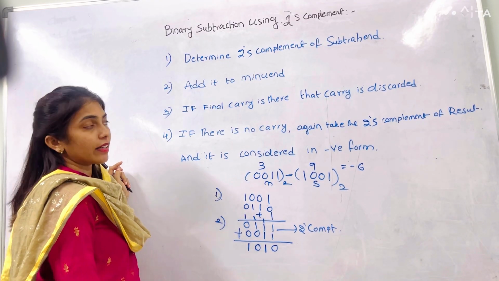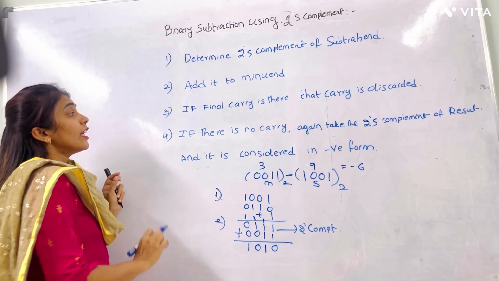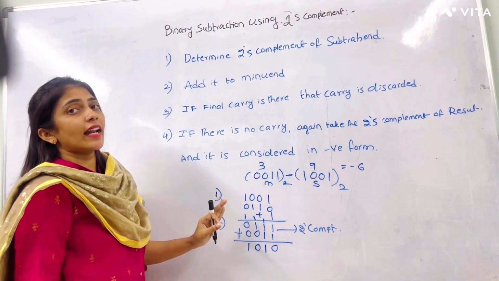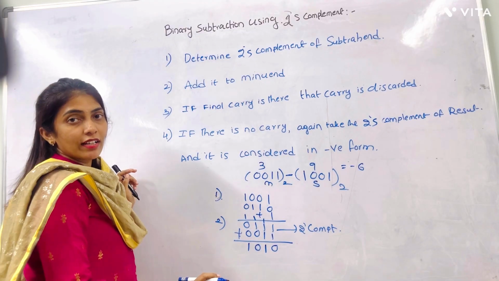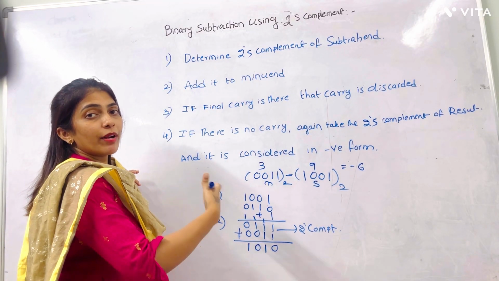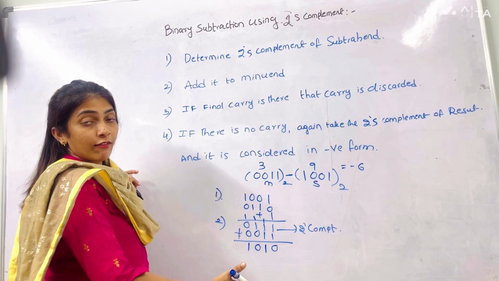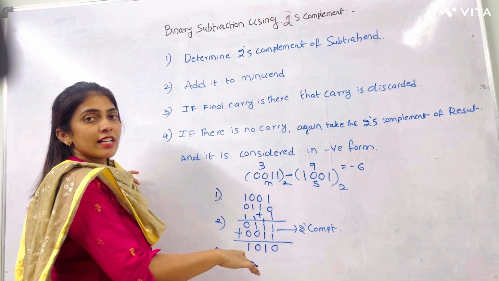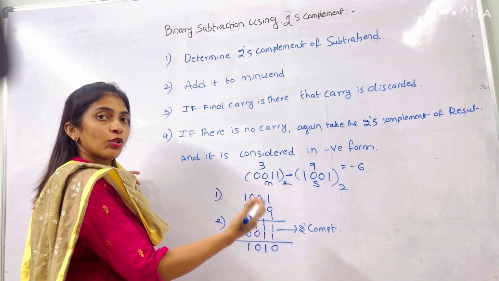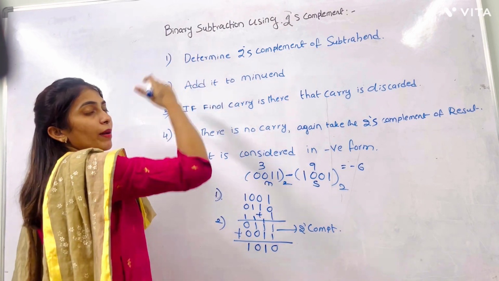Then go for third point. If you get final carry, that carry will be discarded. If there is no final carry, then do the complement of result. If it is 1's complement method, do 1's complement. If it is 2's complement method, then do the 2's complement. This is 2's complement method, right?